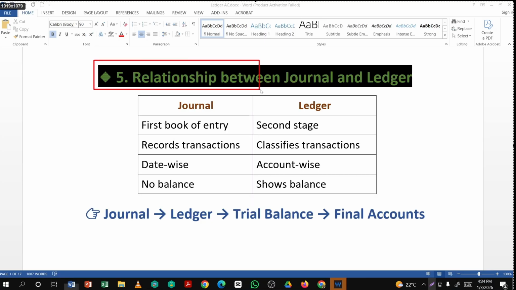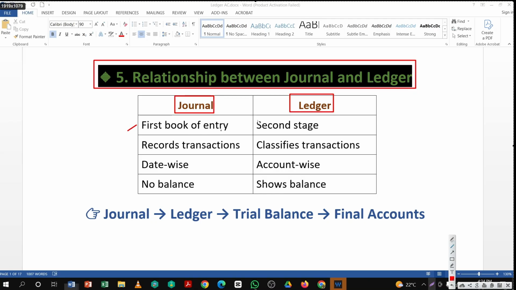Relationship between journal and ledger. The journal is the first book of entry and the ledger is the second stage of entry. The journal records all transactions and the ledger classifies the transactions.